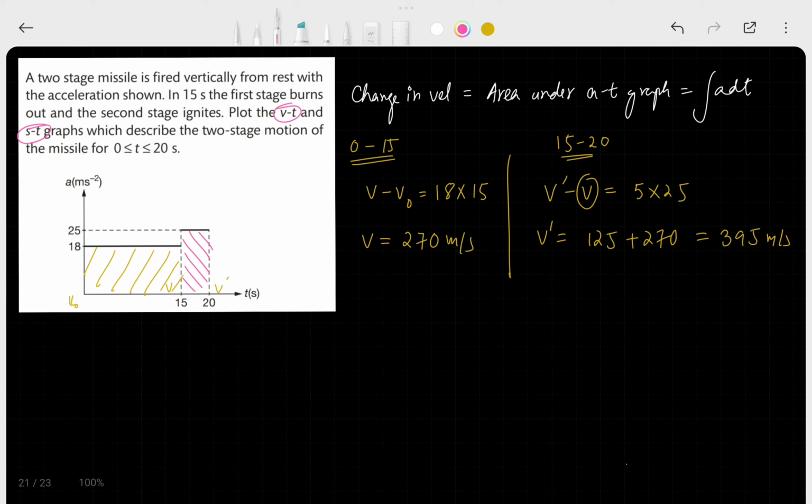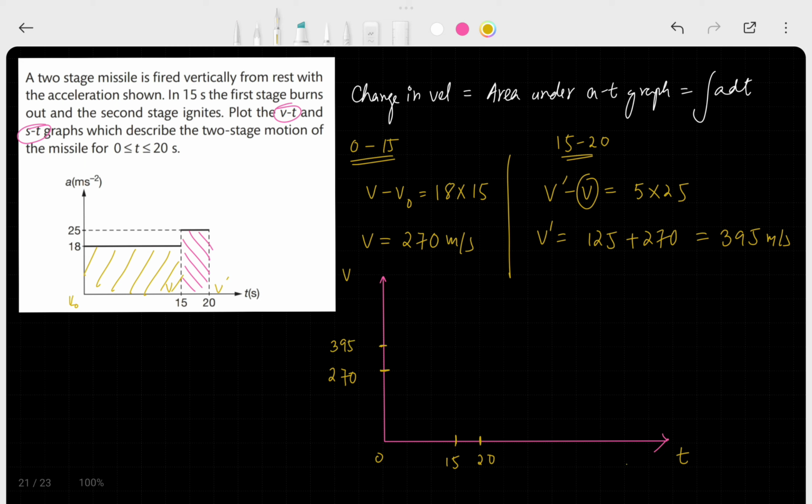Very good. So we'll plot a VT graph based on the information we get. This is 15 seconds, this is 20 seconds, and this is 0 second. At 15 seconds the velocity is 270 meter per second, and at 20 seconds the velocity is 395 meter per second.